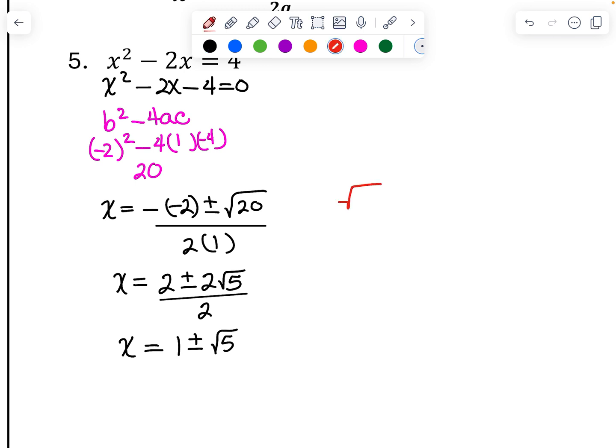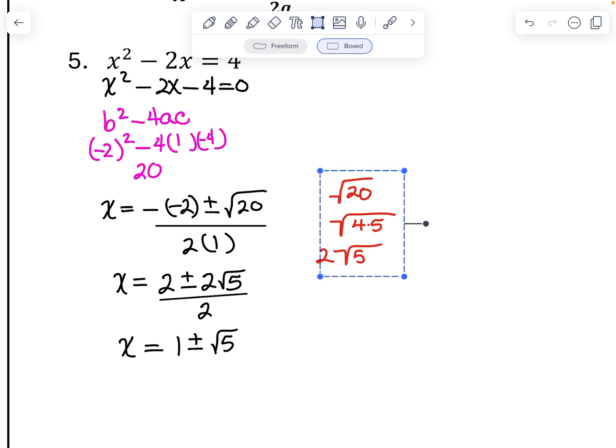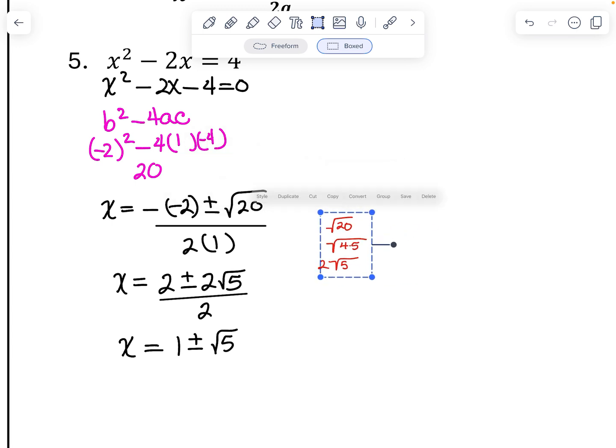The square root of 20 is the square root of 4 times 5, which is 2 radical 5. So that's what happened there.